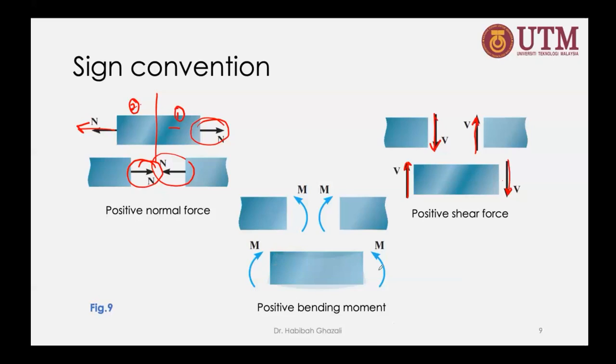For another example, with bending moment, as I said just now, we put a force that is going to bend these materials. For a lot of structural materials, you do not see them bending. The deformation is very, very small so that you cannot see it, but they are actually bent. So the material is going to try to resist. If it's going this way, it's going to resist that. I said anti-clockwise is positive.